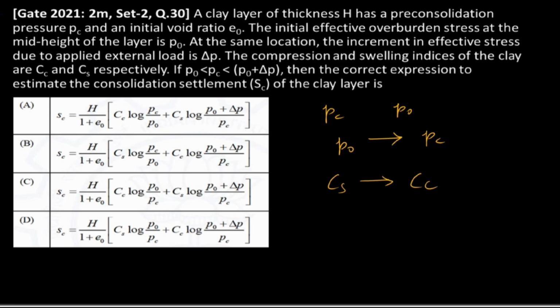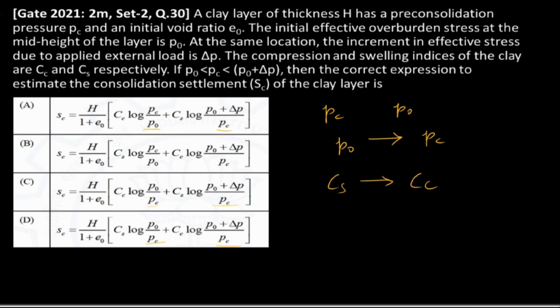Option C and option D have given Pc and Pc, from pre-consolidation pressure to pre-consolidation pressure, which is not the right option. And if you see option B and A, they have added initial overburden pressure with pre-consolidation pressure. So option A and B can be the right answer.